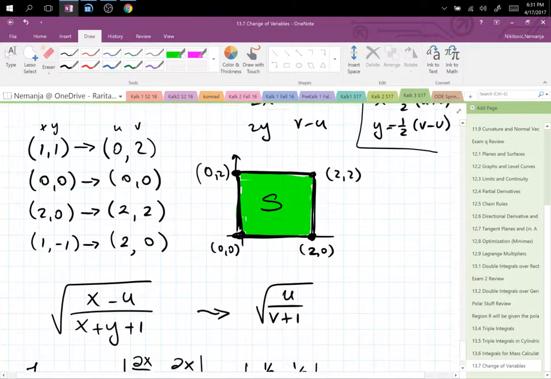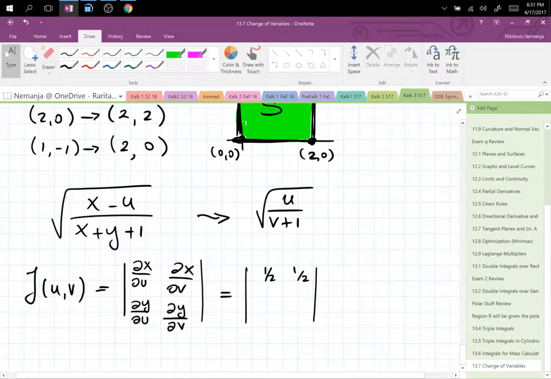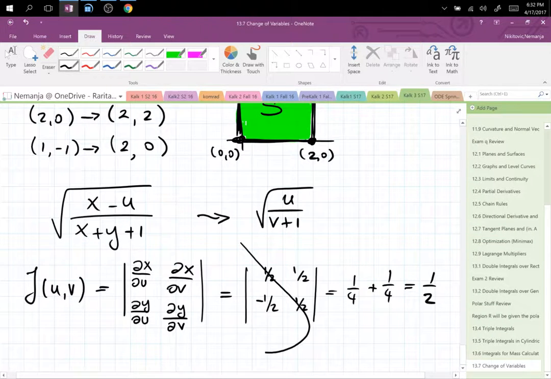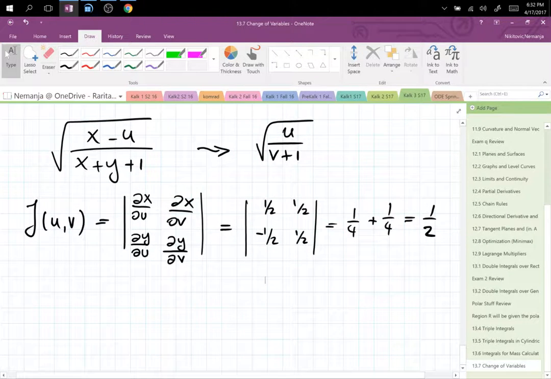Partial y partial u is negative 1/2, and this is a positive 1/2. Great. So that's a quarter plus 1/4, which is equal to 1/2. Remember that the determinant goes this way and then subtract, so minus and minus together will give you a plus there. So the Jacobian is 1/2. Great.